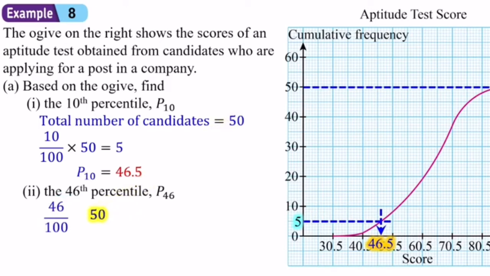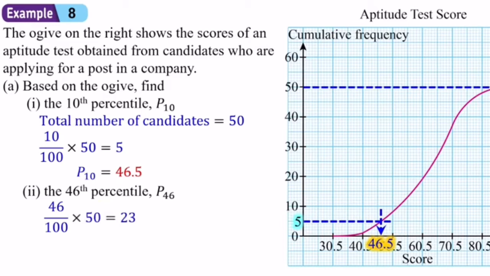Alright, so you will get a cumulative frequency equivalent to, let's press the calculator, or you can just simplify the zero, you cut, 5 and 2. 46 divided by 2 will be 23.